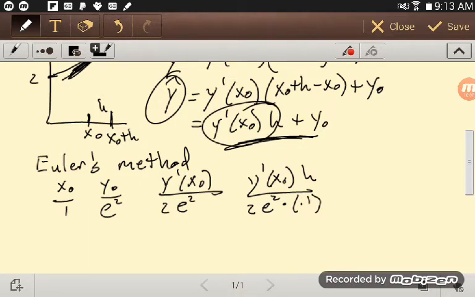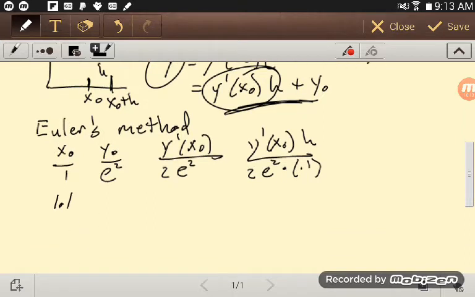And then what did we do? Well, if I wanted to look at 1.1, getting rid of the subscripts, with x and y being 1 and e to the 2, then to get 1.1, I would take my original e to the 2 plus that much.